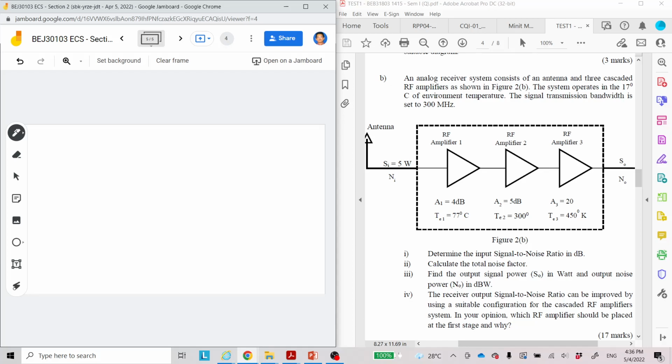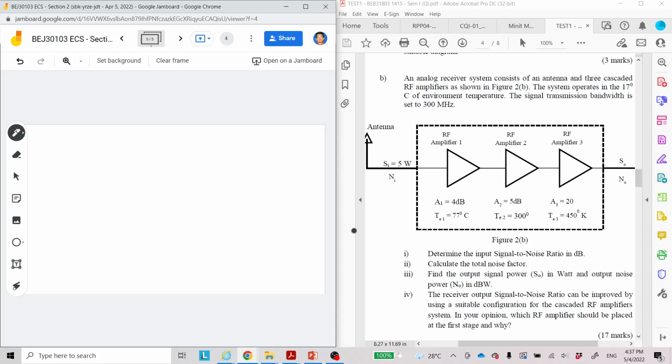We need to find SO and also the NO. SO is easy. Output signal power is equal to input signal power multiplied with all the gains.